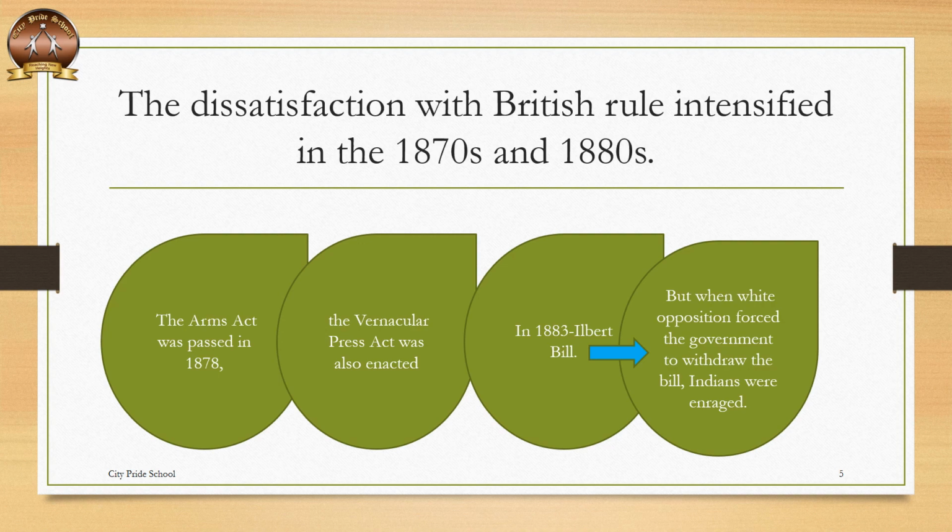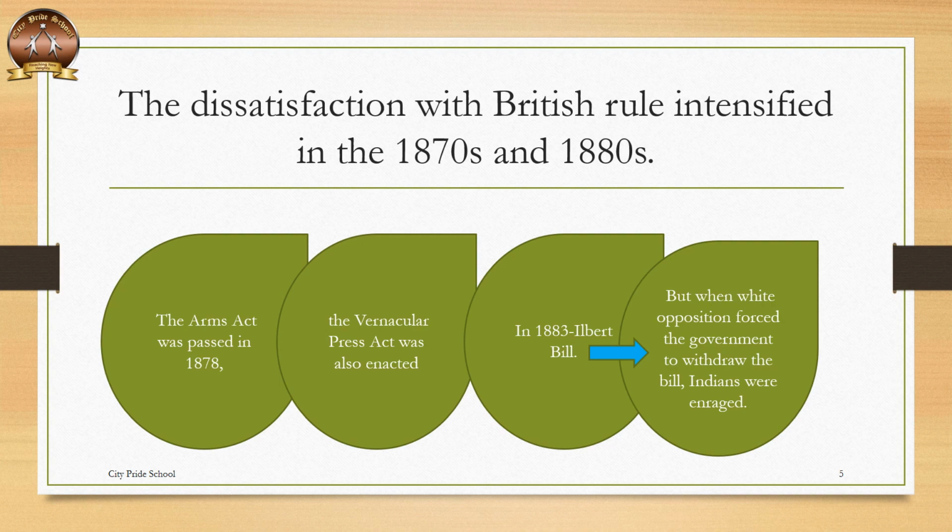Now the main aim of Vernacular Press Act was to keep those people silent, those who were against the British government. The act allowed the government to confiscate, means to take the assets of newspapers, including the printing presses.